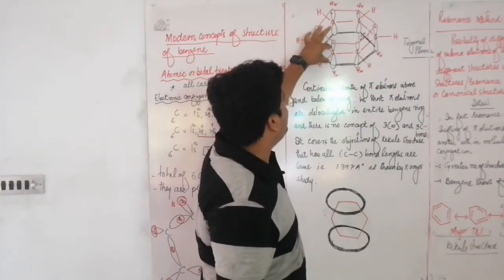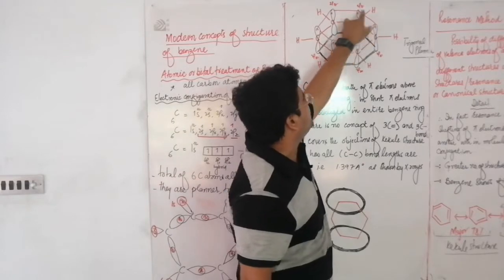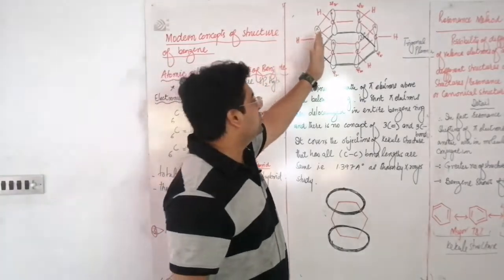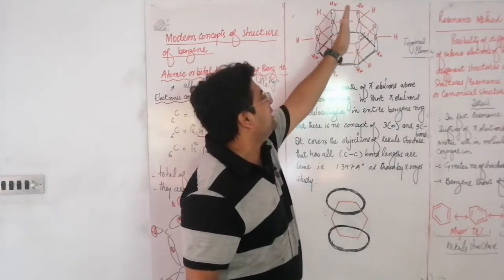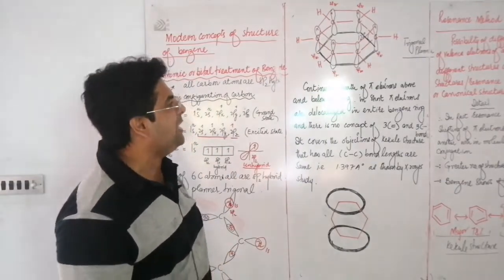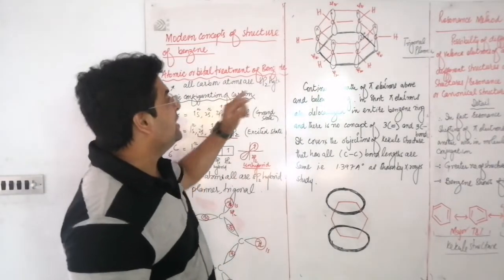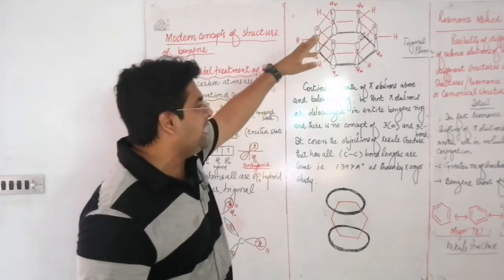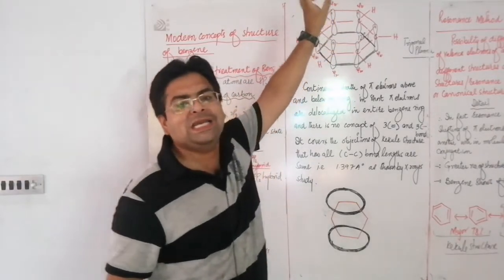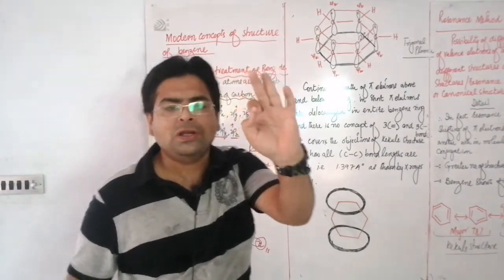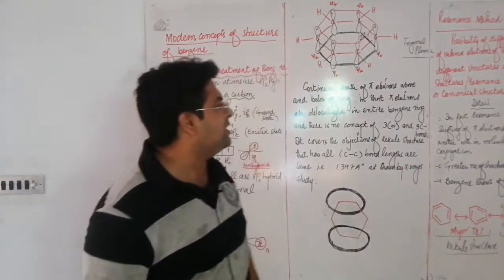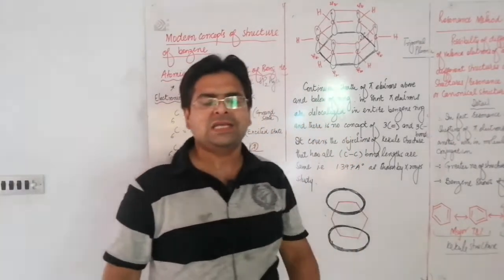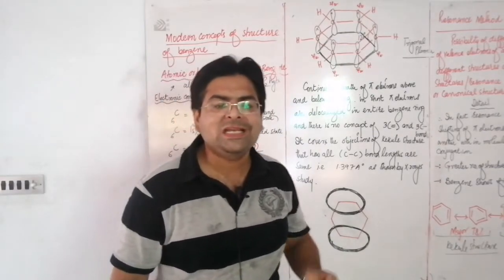There is one unhybridized 2pz orbital on each carbon atom, so all these orbitals are in the same plane. They can overlap with one another above and below the plane to produce a sheath of pi electrons. So the old concept of 3 double bonds and 3 single bonds, that is, 3 sigma and 3 pi bonds, was incorrect.